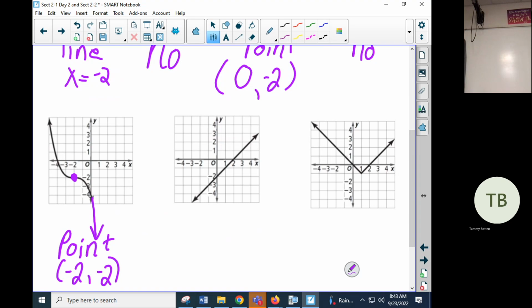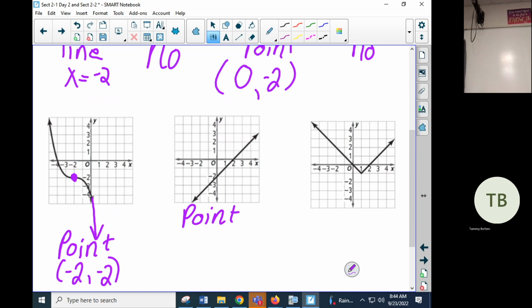Now a diagonal line does not have line symmetry. I couldn't draw a line and fold it in half and have this map on. It would have to go up. It would have to be like a V. But this is something you're going to have to remember. When you have a diagonal line, it has point symmetry.